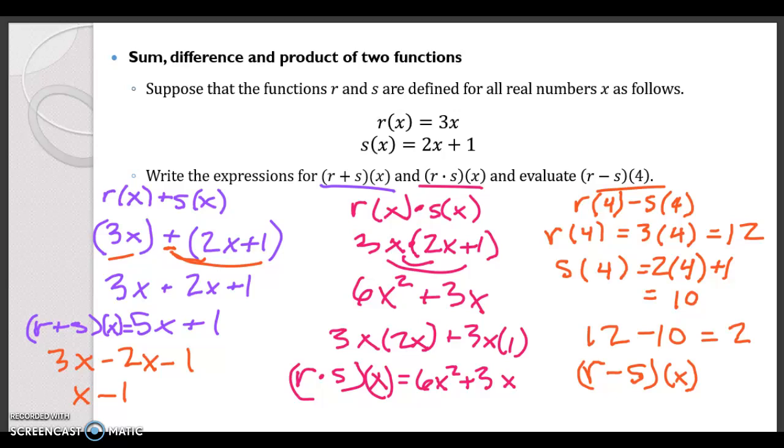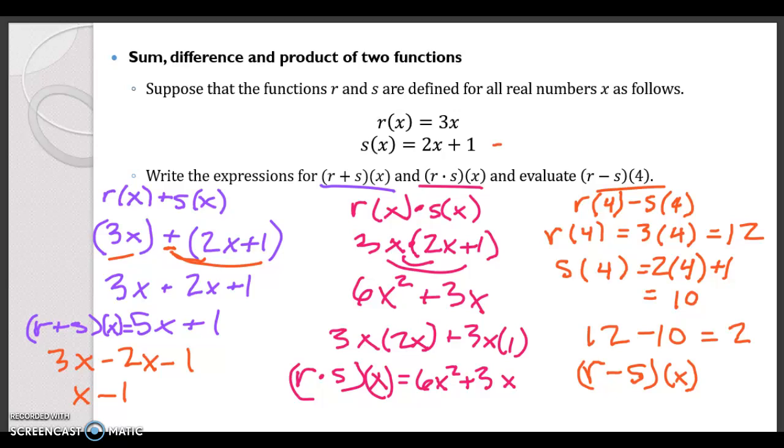This made me realize I made a mistake. I'm trying to find r minus s of 4. If x is 4, 4 minus 1 is 3. So now it's nice because I can go back and ask where I messed up. Oh, I messed up because s of 4, if I plug that in, I get 8 plus 1, not 9 plus 1.